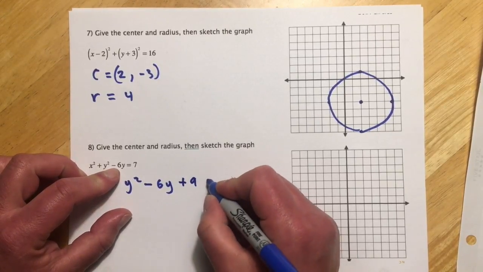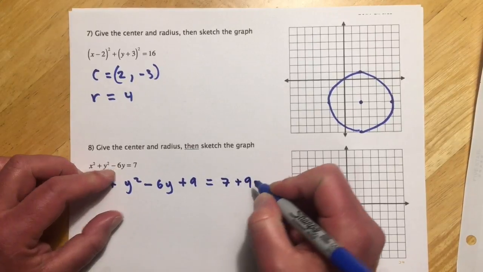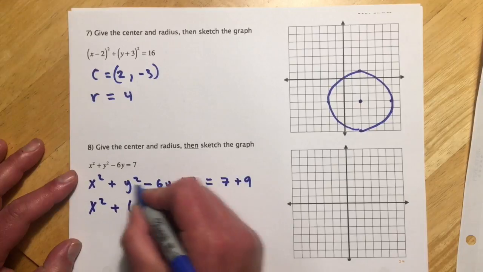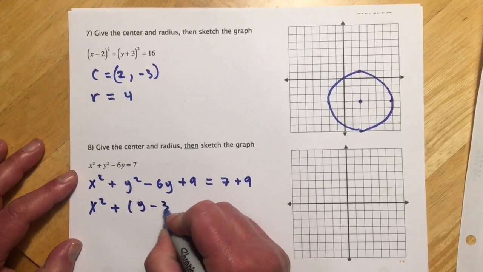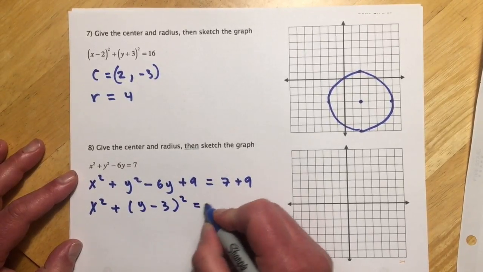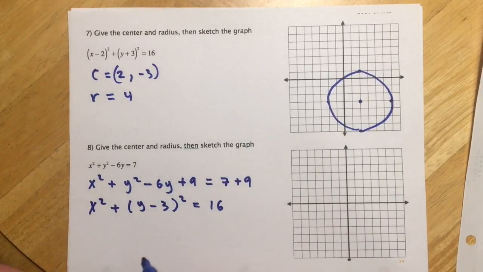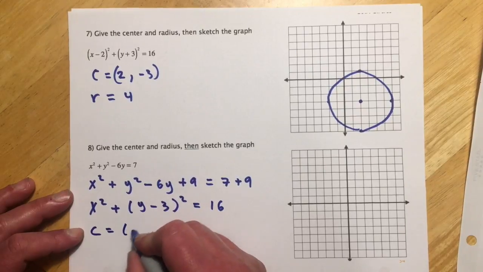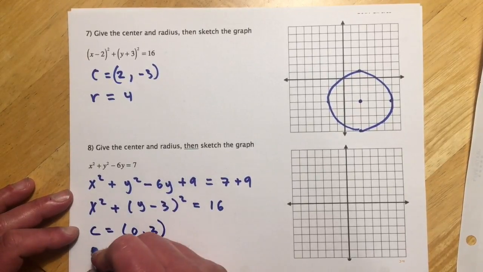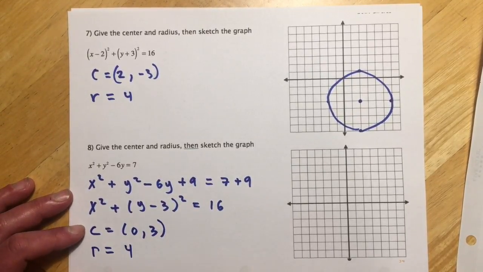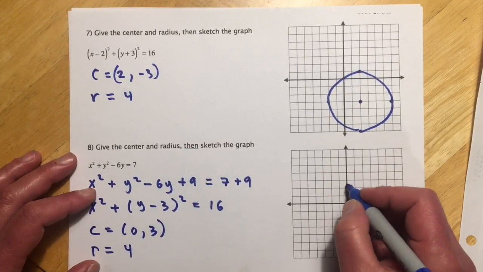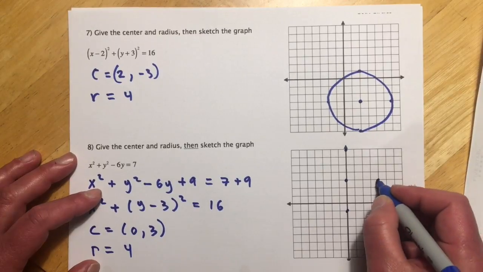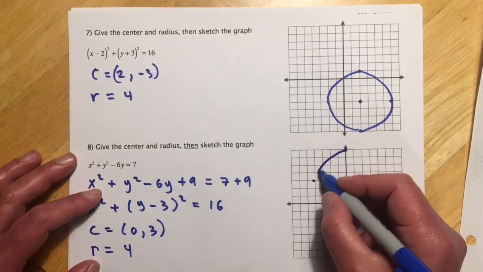And so we add a 9 to both sides. And what that lets us do then is x² + (y − 3)² = 16, factoring the y part. And now I have it in the right form. So my center is going to be at (0, 3) and the radius is going to be 4. So (0, 3) for the center, and then up, down, right, left, 4.